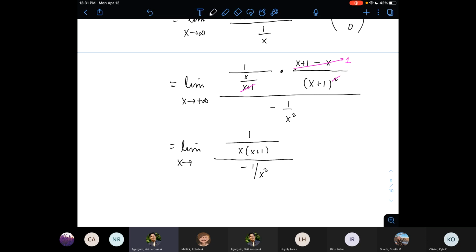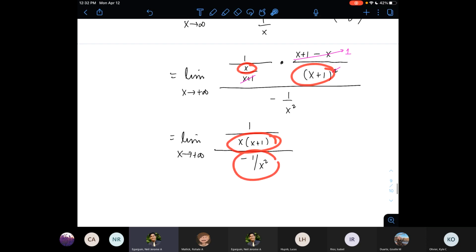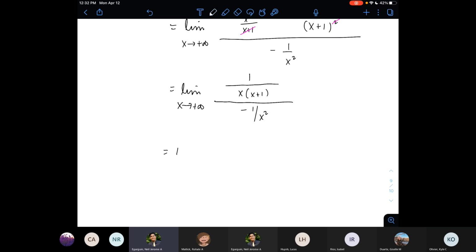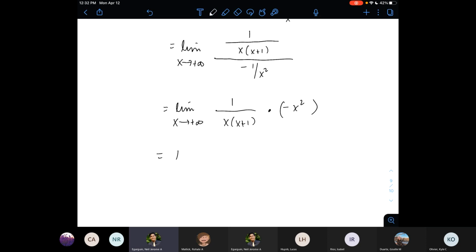Is that correct? Yeah, because this guy will be multiplied by x. So that's why I got that. I just copied this over. I guess this is correct. And then we can write it as 1 over x times x plus 1 times negative x squared as x approaches infinity. And this guy would be the limit of negative x squared over x squared plus x as x goes to infinity. And this would be equal to negative 1.